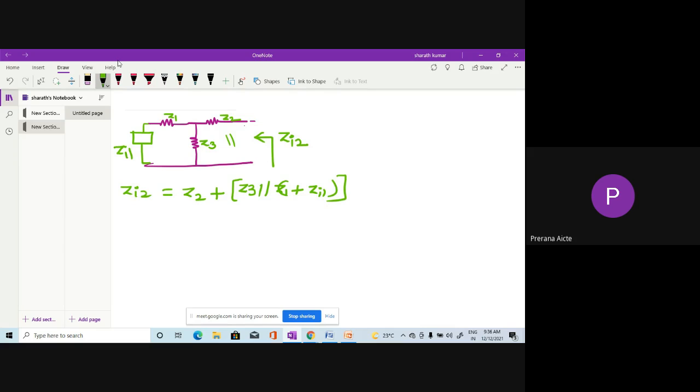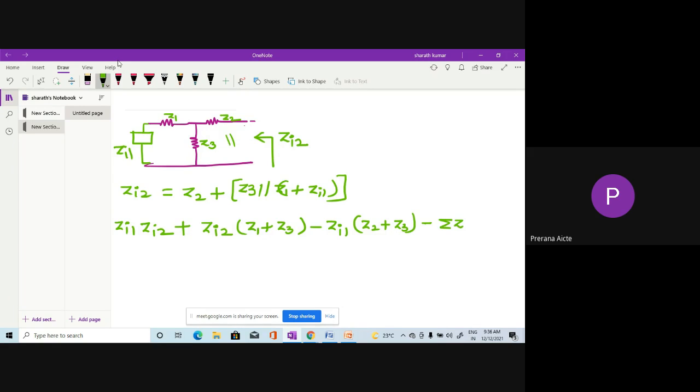Then we got another equation in a similar manner, which is subject to the previous one. After multiplying and rearranging, we got Zi1 Zi2 plus Zi2 (Z1 plus Z3) minus Zi1 (Z2 plus Z3) minus the summation Z1 Z2, Z2 Z3, Z1 Z3.